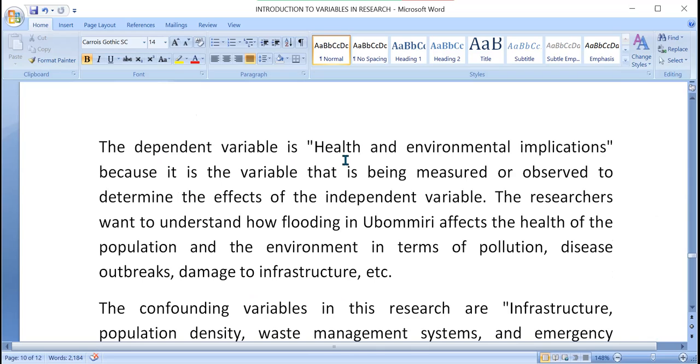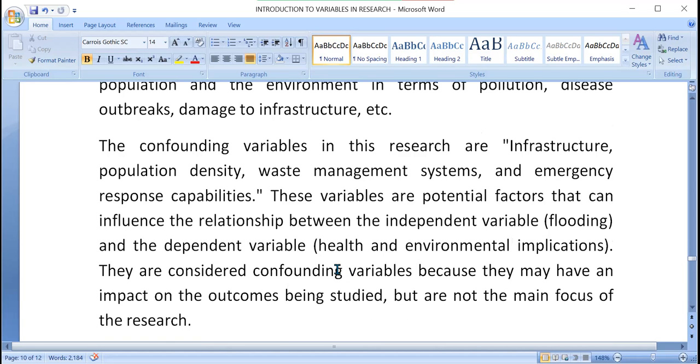The dependent variable is health and environmental implication because it is the variable that is being measured or observed to determine the effect of the independent variable. The researchers want to understand how flooding in Ubomiri affects the health of the population and the environment in terms of pollution, disease outbreak, damage to infrastructure, etc.